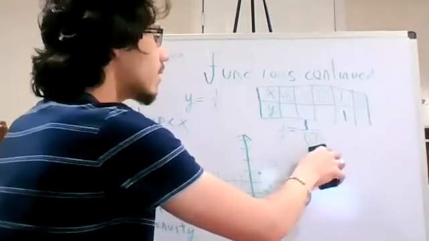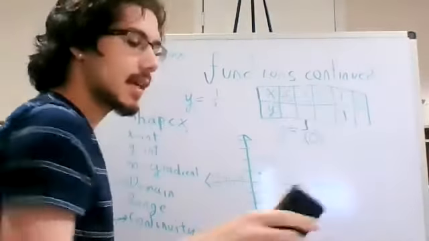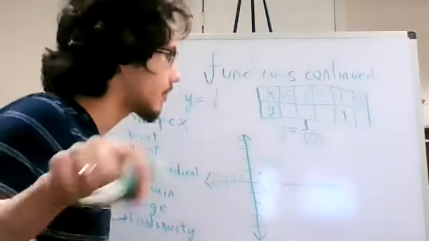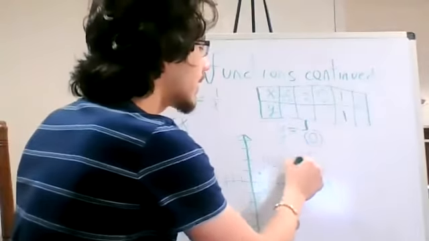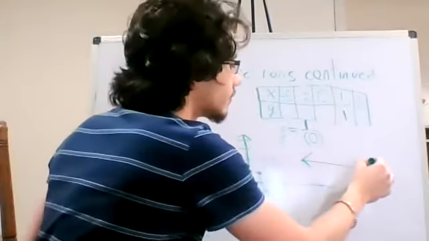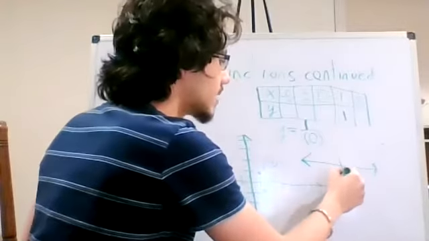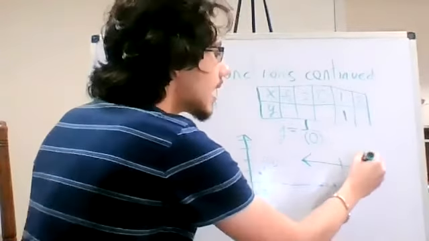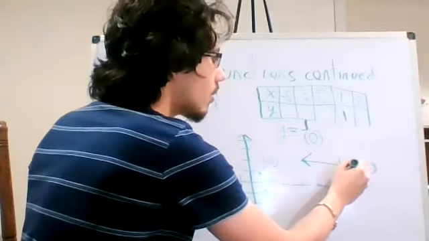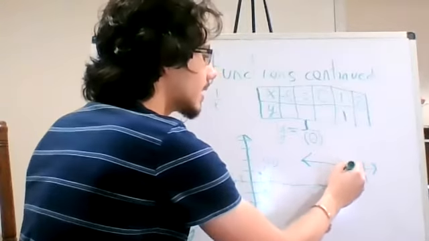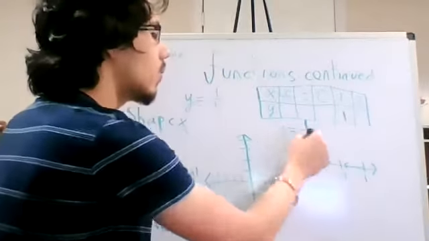We know that 0 is less than all the positive numbers. So on our number line, we have 0 and we have 1. If we get closer from 1 to 0, we should hypothetically get closer to what 1 over 0 would be.